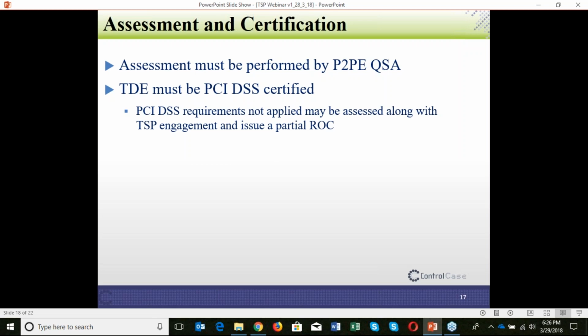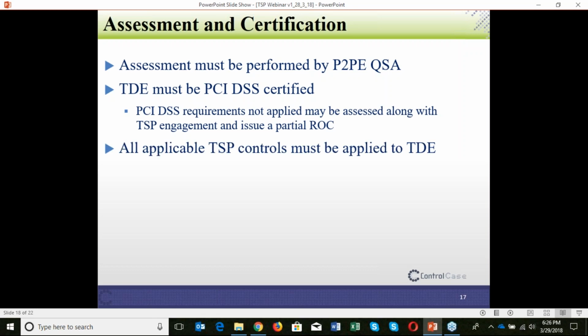In this scenario, during the assessment, requirement 6 can be done by the P2PE QSA as part of the PCI assessment, and issue a partial ROC, which is called red line ROC or partial ROC, and can be done along with the TSP certification process.